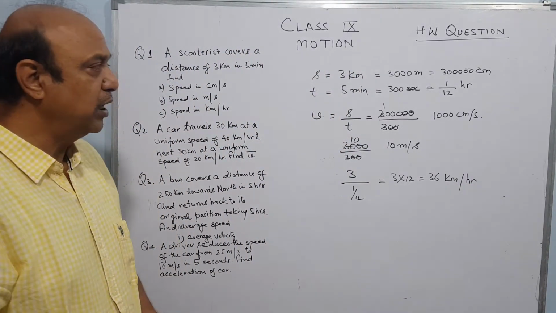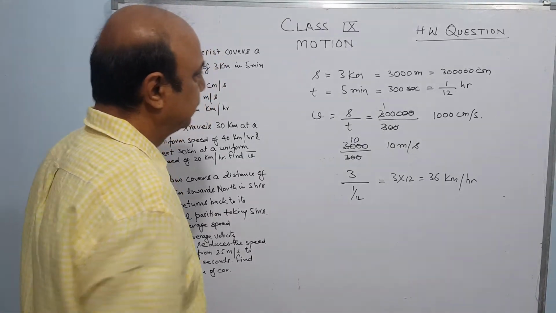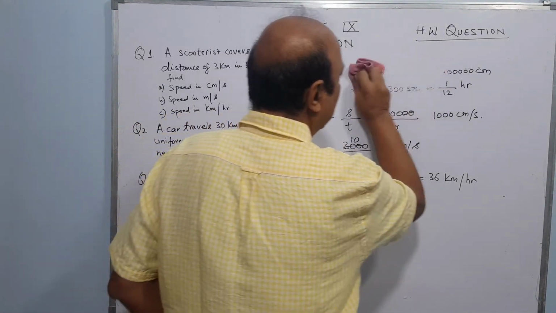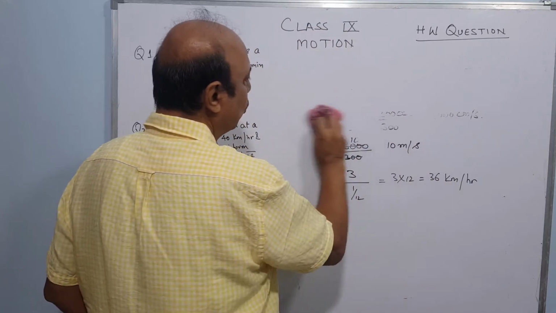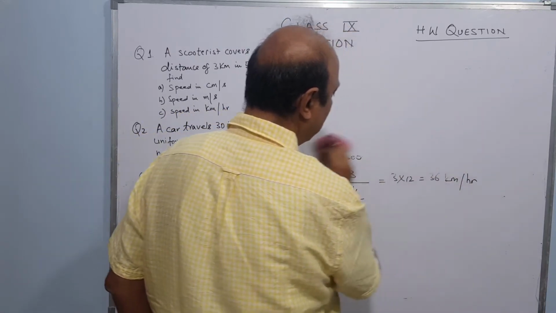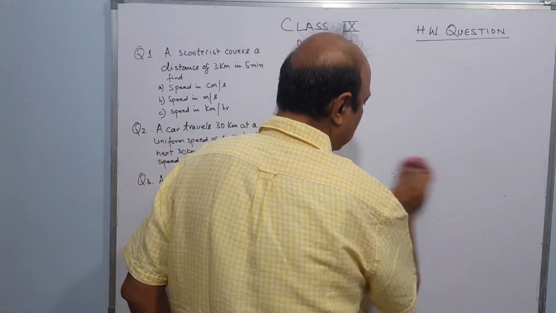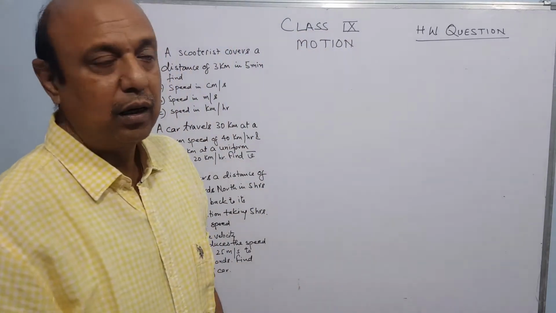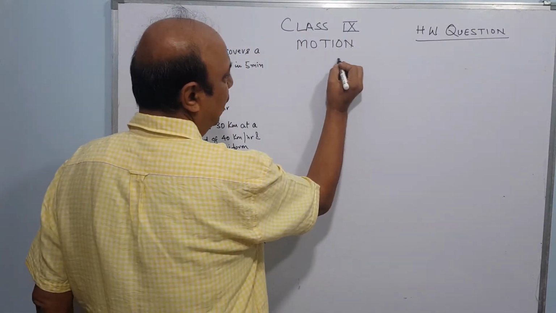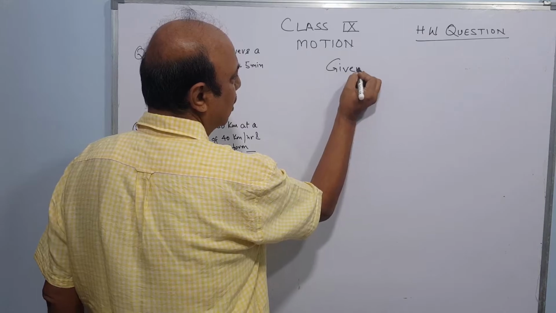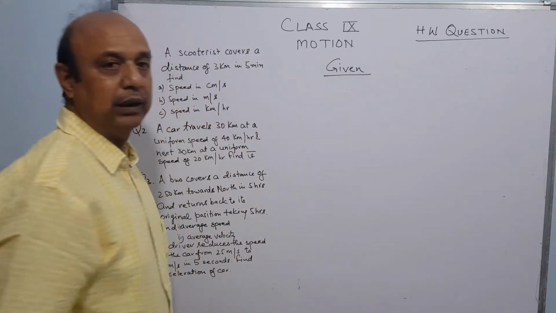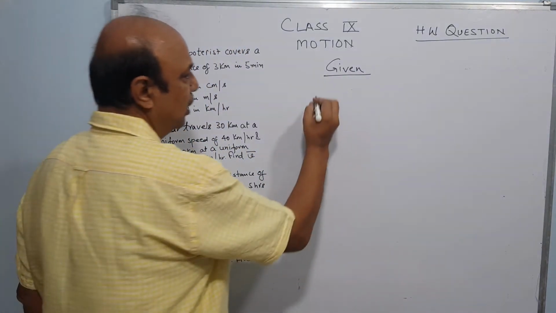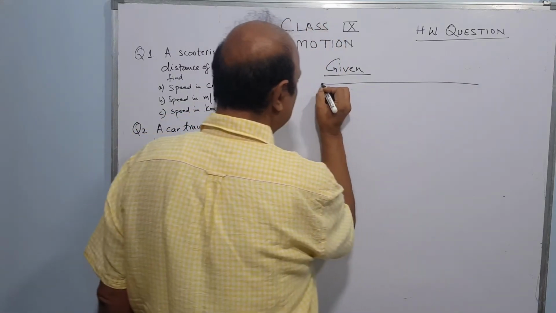Now, before proceeding to the next question, I will tell you the rules which you have to follow while solving the numericals. First of all, we have to write given. When we are writing given, make a small table.